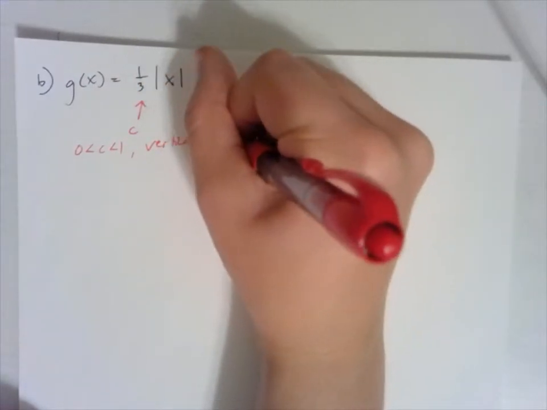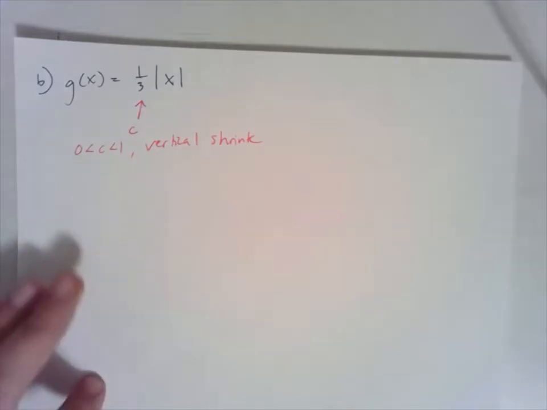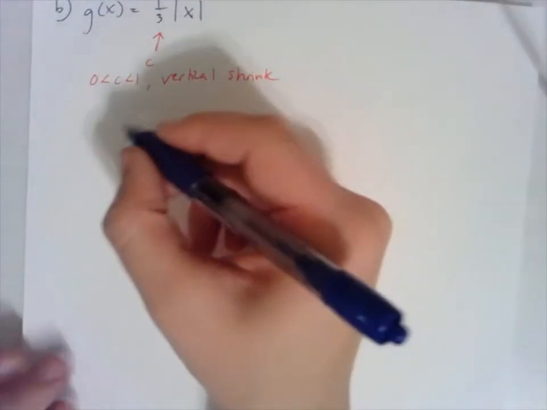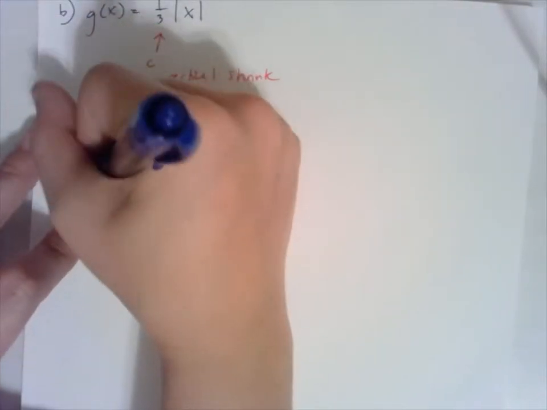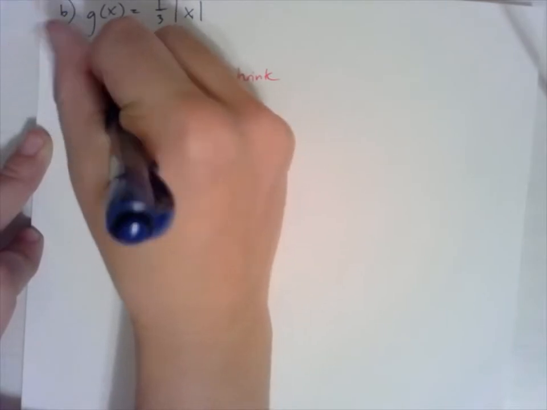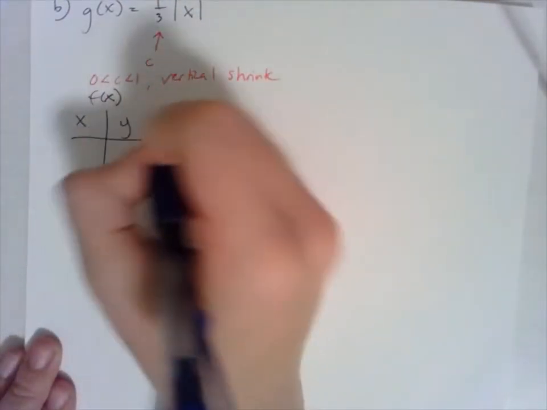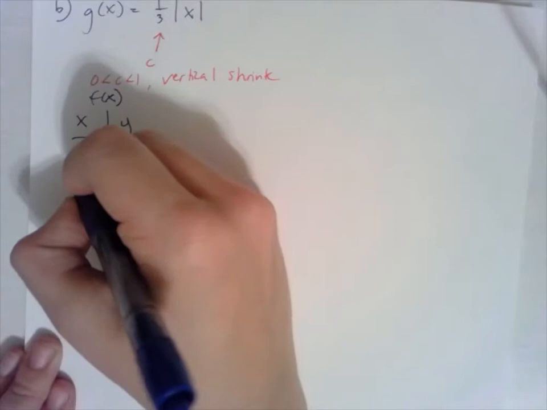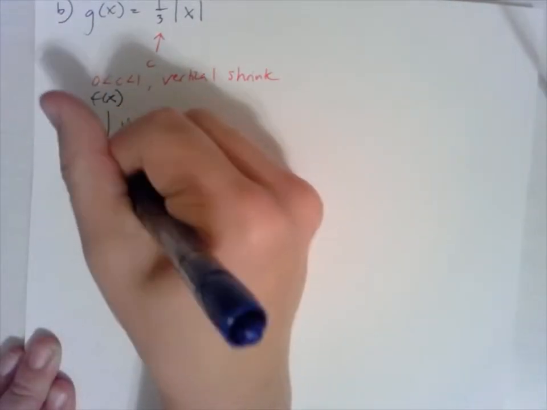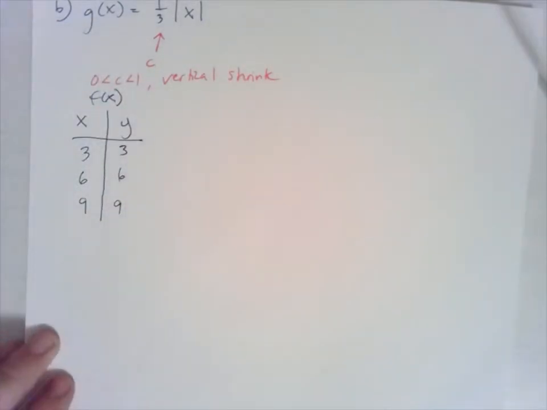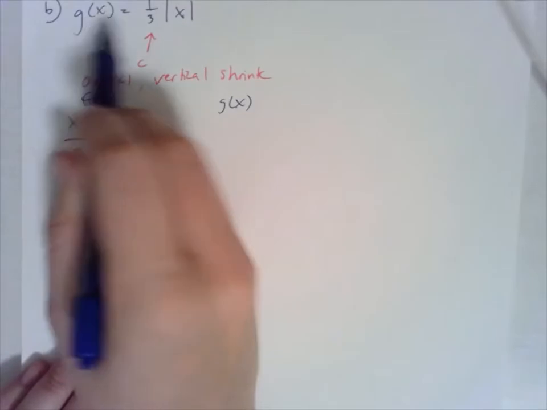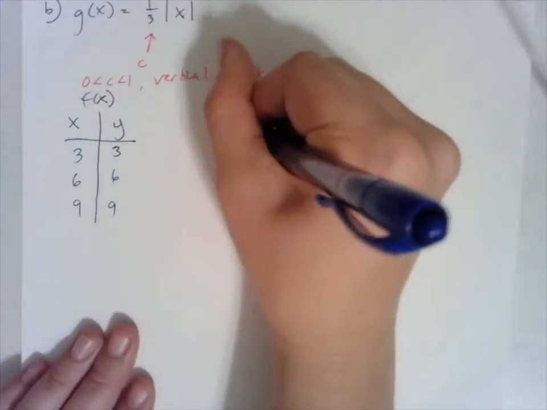And what we can see by looking at a table here, so we have an x and a y of our f of x, and we had the values, let's say, 3, 6, and 9. Our y values would also be 3, 6, and 9. That's the nature of absolute value. However, if we're looking at g of x, this function that we're interested in, that's no longer the case, because now we're multiplying all of our y values by 1/3.